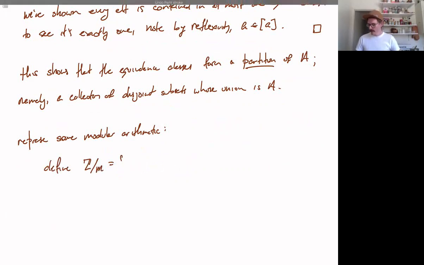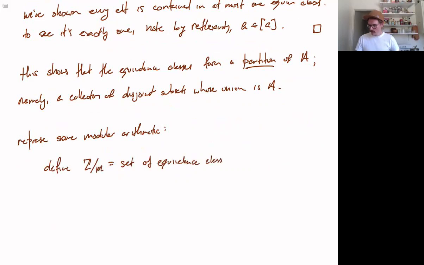But we can redefine this to be the set of equivalence classes of congruence mod M. So we showed that this gives an equivalence relation on the integers. So we can consider the set of equivalence classes.